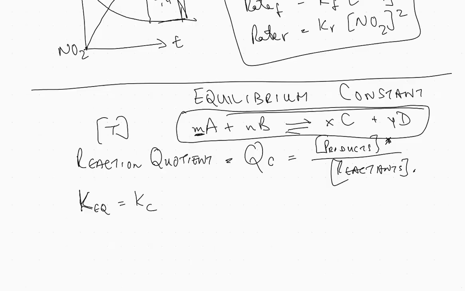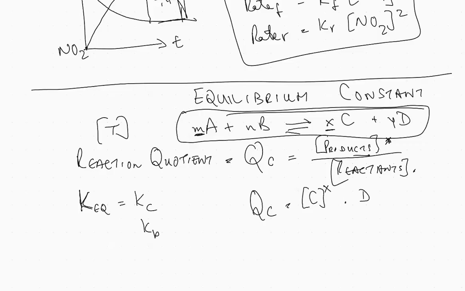If I'm writing this Qc, I should be able to write the concentration of C raised to the power of the stoichiometry, x, and multiply by the concentration of D, because these are products. Remember that you have to have a balanced equation to start with. Then you put y here.